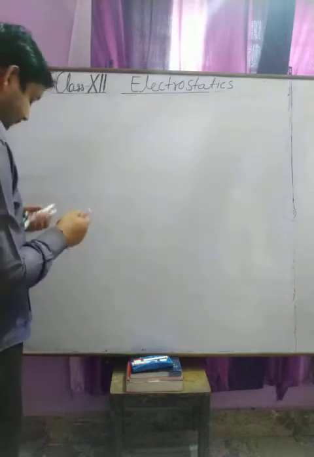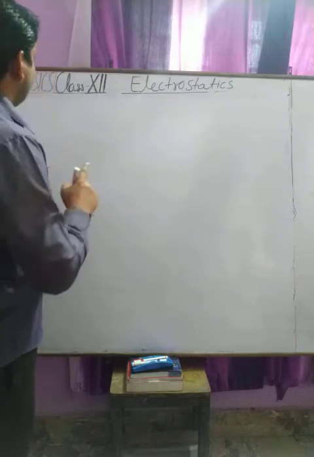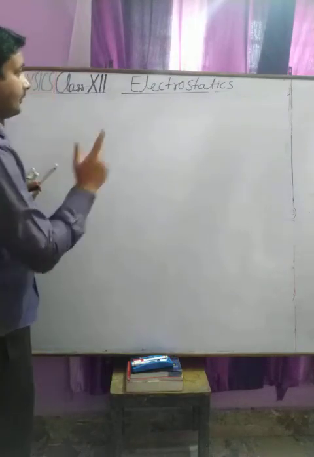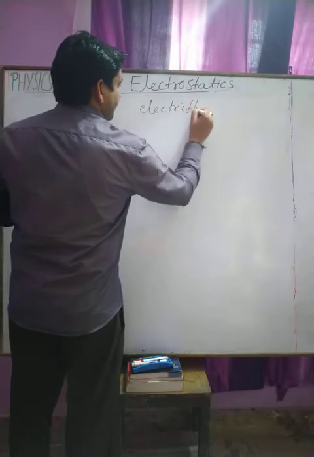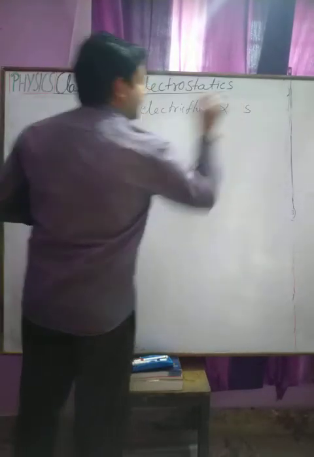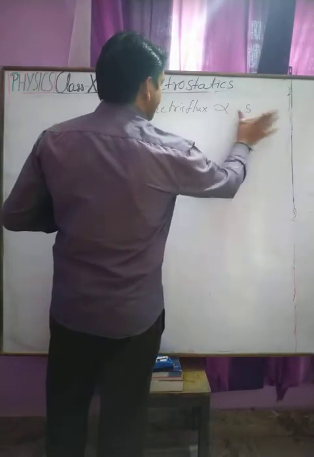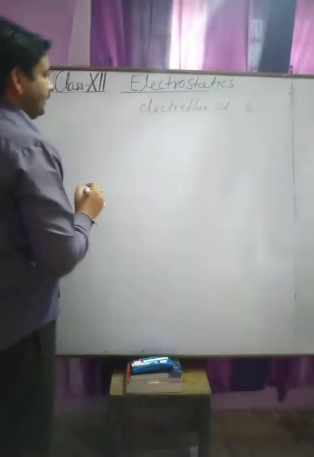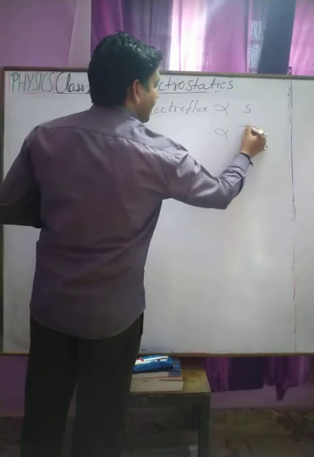Now student, we are going to understand electric flux. By experiment it is observed that electric flux is directly proportional to the surface. Here we are using a small surface first, and this electric flux is also linked to the electric field.